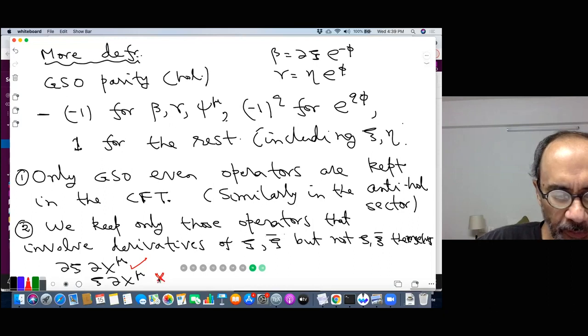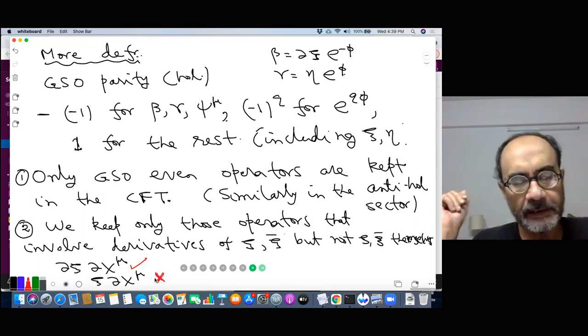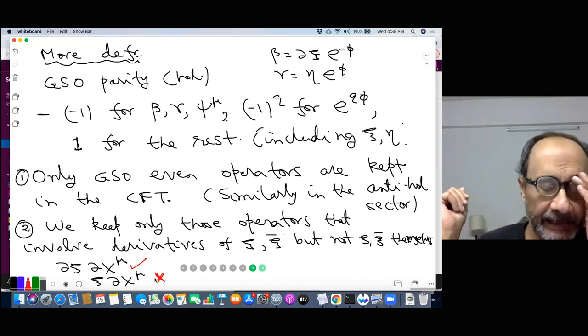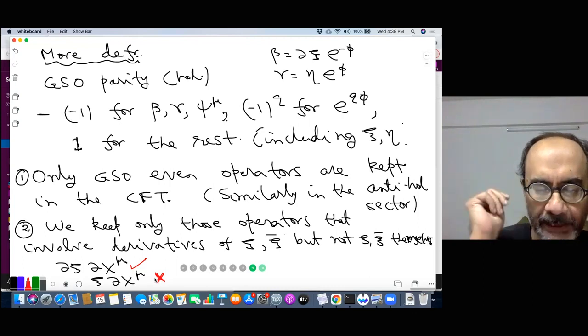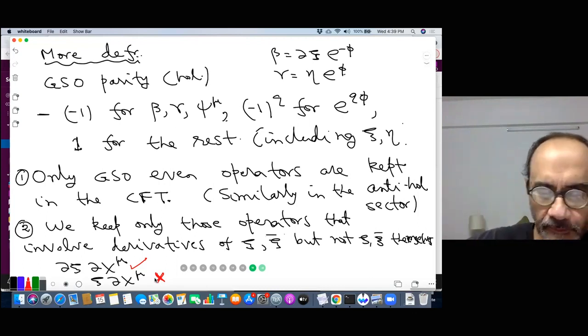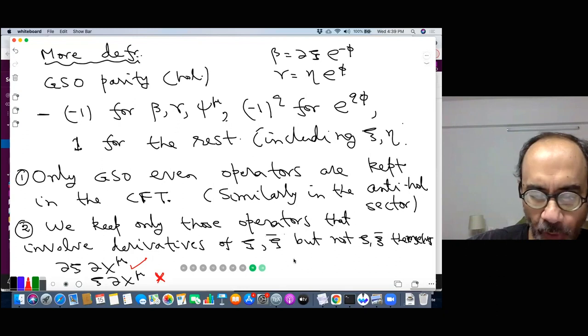Okay. In fact, one can easily see that if you try to use operators of this kind and then try to apply the usual conformal identities, you run into all kinds of trouble. So this is sometimes called the small Hilbert space.